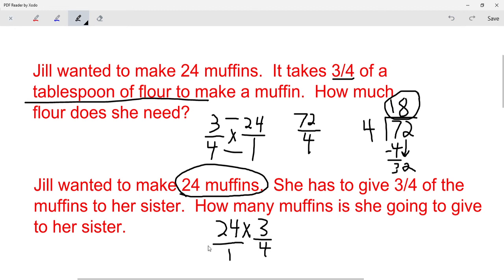So I just wanted to point out that there are two different types of fraction multiplication problems. Hopefully that was helpful. And although the problems are different, you still use multiplication to solve them.